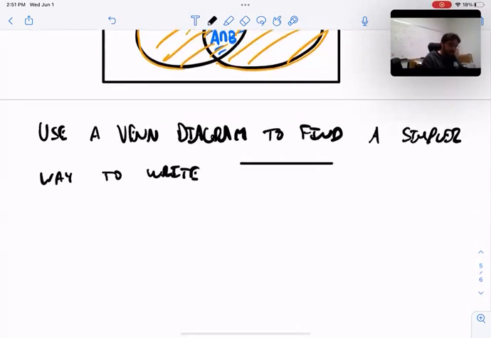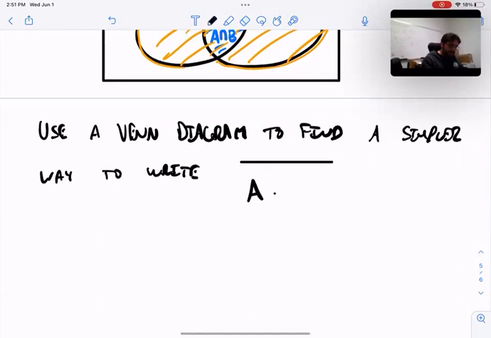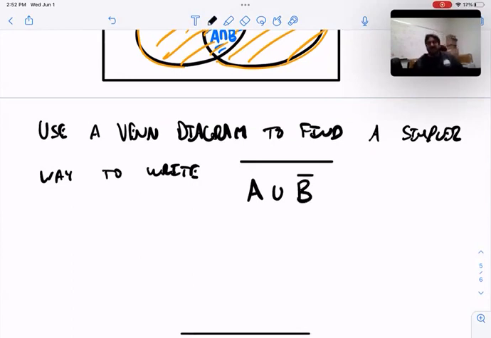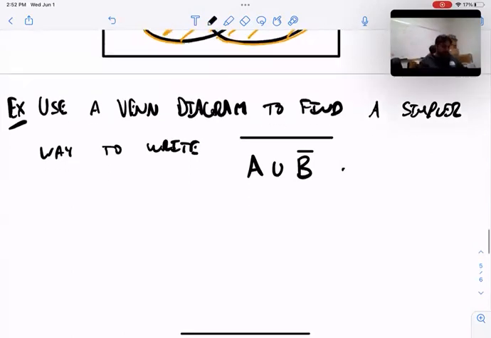Let's write the complement of A union B complement. Say we have this. So I want to find a simpler way to write the complement of A union B complement. So what could I do?